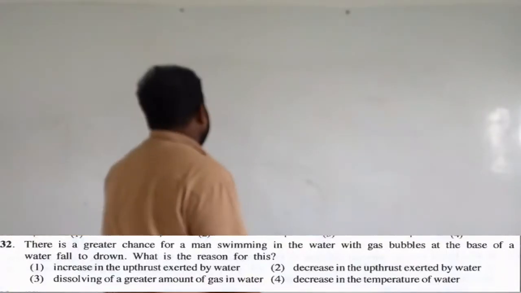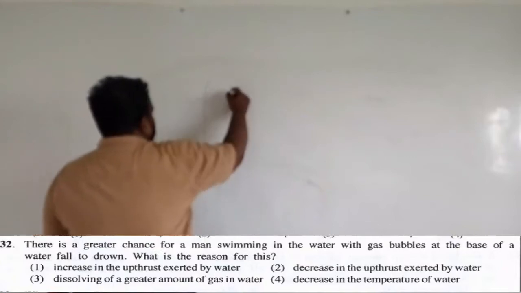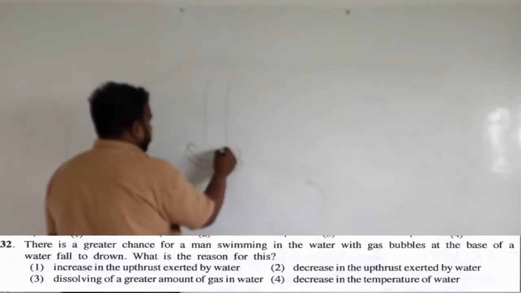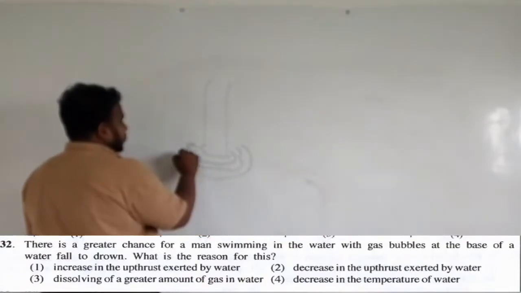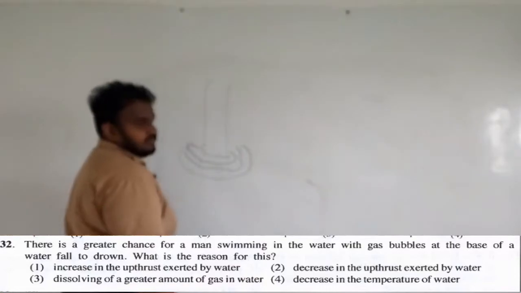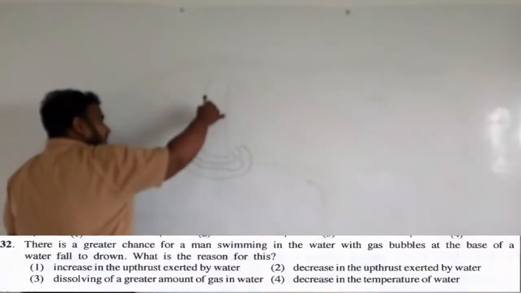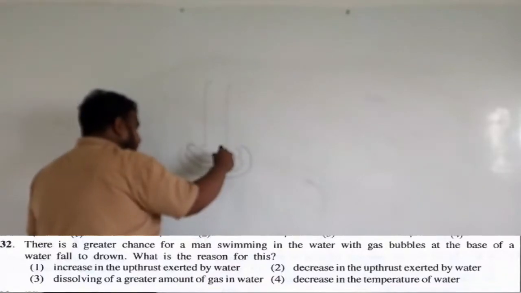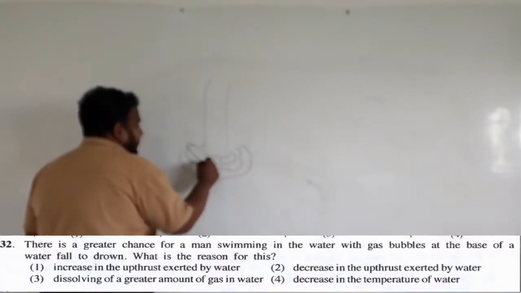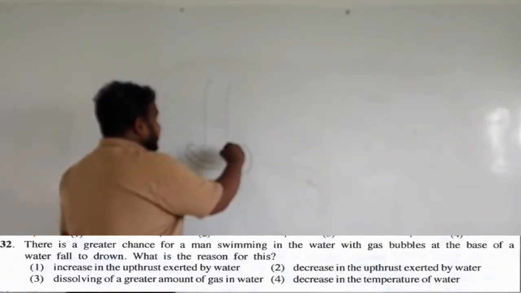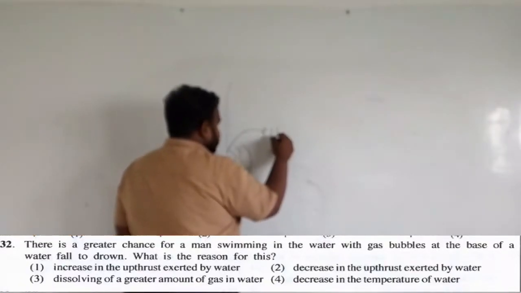If you go to a waterfall, it is high risk to swim or to bathe at the place where the water spills. The reason is, whenever the water falls here, there are going to be several gas bubbles dissolved in it. When several gas bubbles are dissolved in water, the density of water reduces.